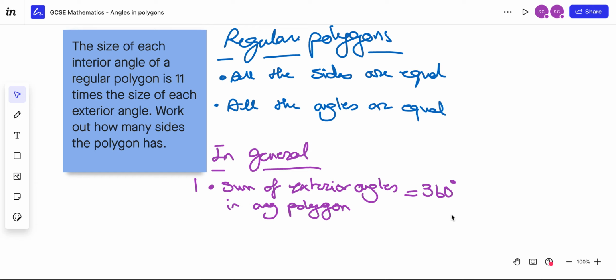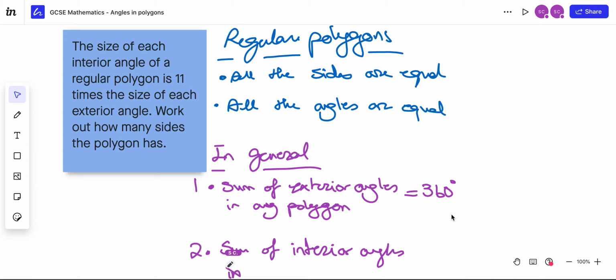Another fact I need to remember within polygons, fact number two, is the sum of interior angles in any polygon.